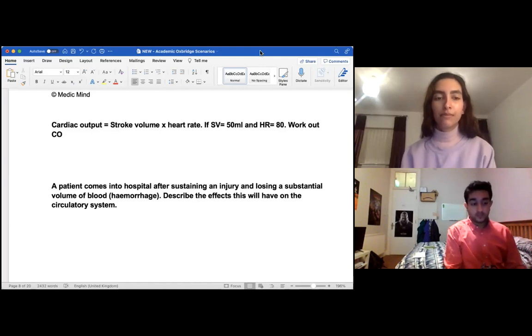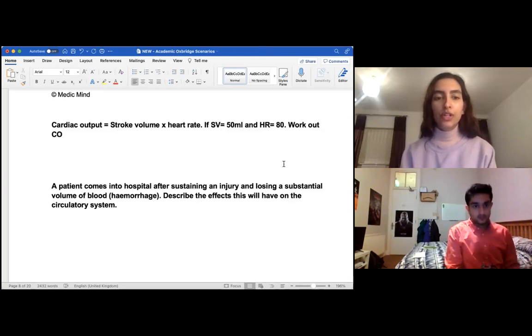For the body to respond to this, the baroreceptors in the aortic arch will respond, and they'll cause vasoconstriction, which should help to increase the heart rate and apply further stress on the heart by increasing it significantly. Okay.